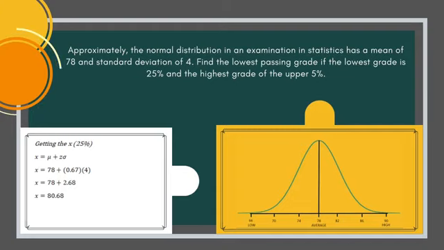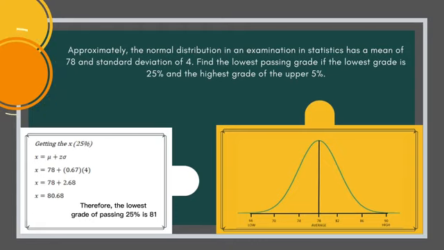We will then simplify this by multiplying 0.67 and 4, and that will leave us with x is equal to 78 plus 2.68. It will then be equal to 80.68. We will round this up since we will apply it to a realistic situation. And that of course will lead us to x is equal to 81. Therefore, the lowest passing grade at 25% is 81.